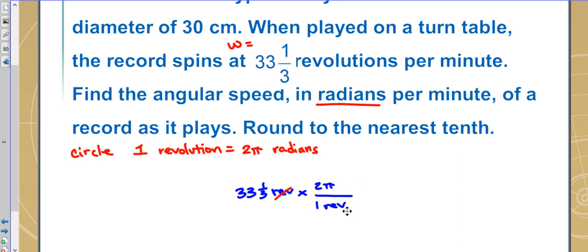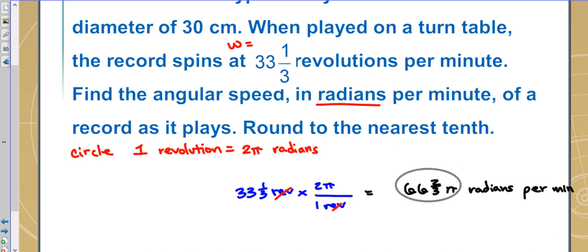The revolutions cancel out, and so you basically just multiply it by 2. So we'd have 66 and 2/3 pi radians per minute. Now that is our angular speed. That's our w.